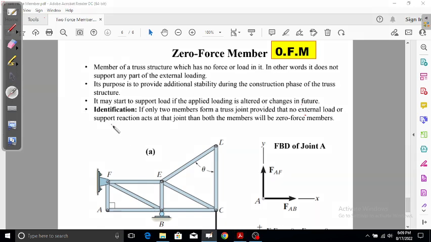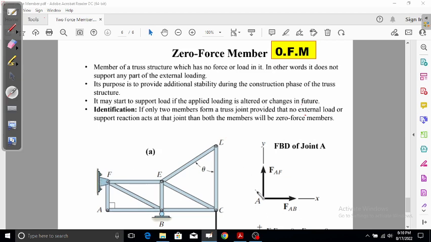If only two members form a truss joint, so the two members must be meeting at a joint, and that is very important, and there must not be any external load or support reaction at that joint, then both the members will be zero force members.